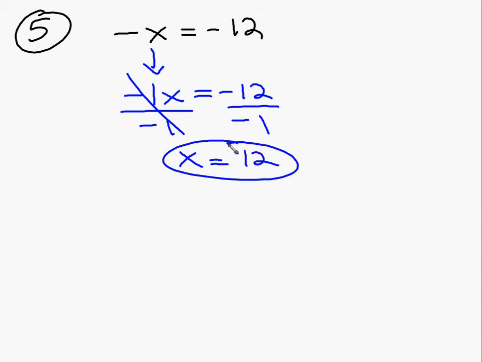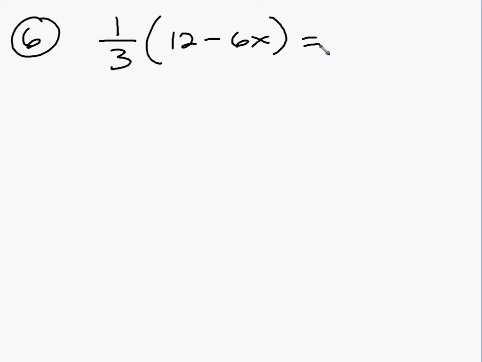All right, we haven't seen a problem like that yet, but you're going to see it tonight. One more problem. 1/3 times (12 minus 6x) equals 4 minus 2x.